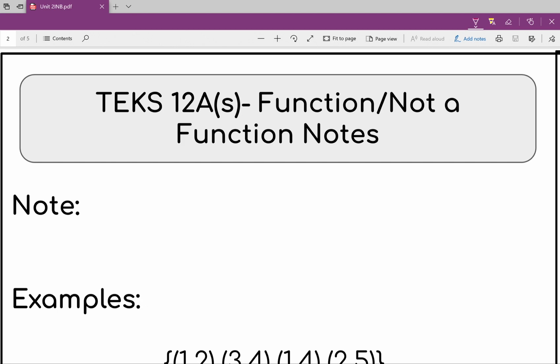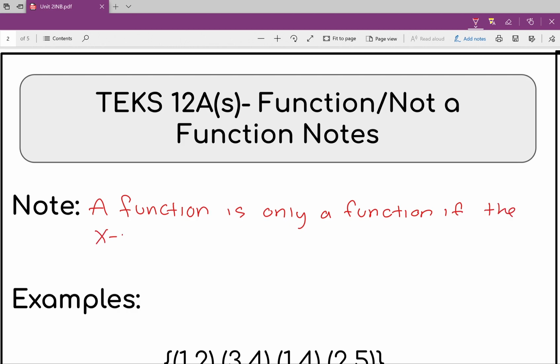TEKS 12A, function versus not a function notes. So on the notes, we're going to write that a function is only a function if the x values do not repeat.